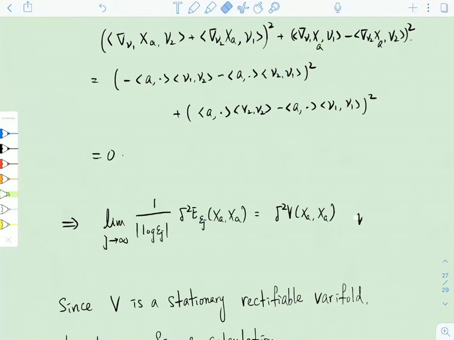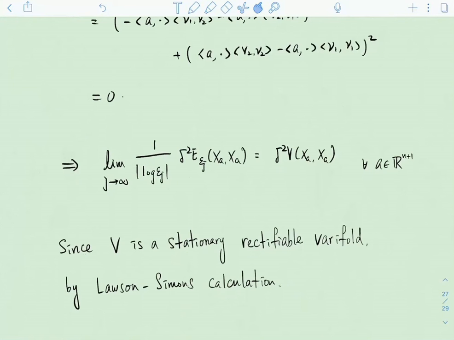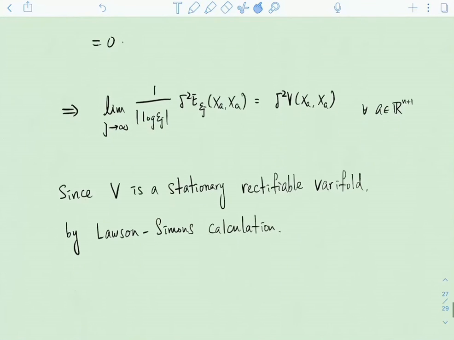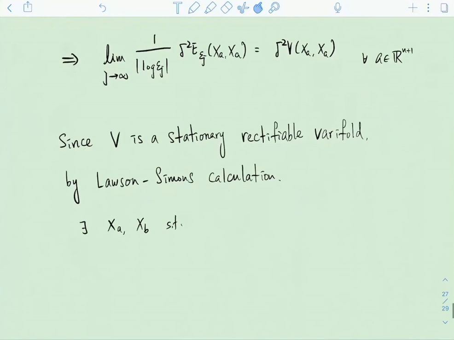So this is true for all A inside of Rn plus 1. Okay, now since V is a stationary rectifiable varifold, we can use the Lawson-Simons calculation I mentioned above to find independent vector fields XA, XB, such that the following matrix is negative definite.